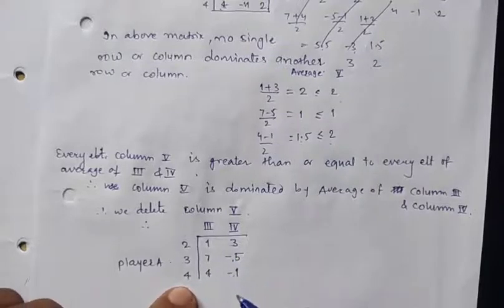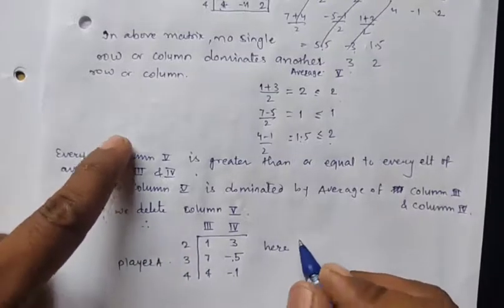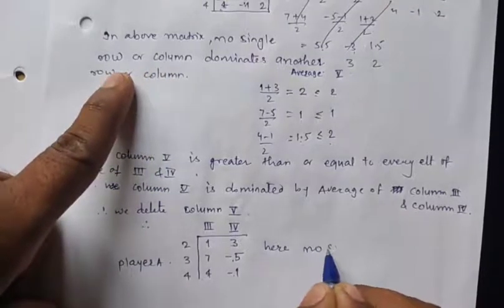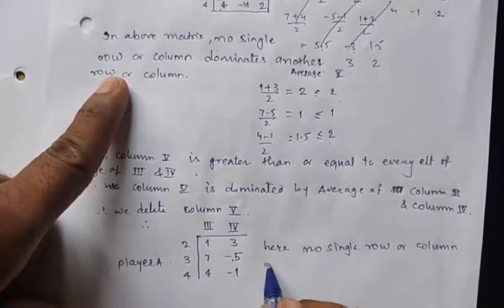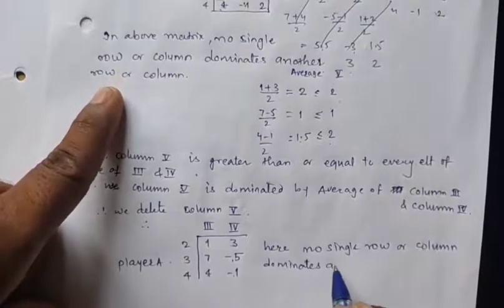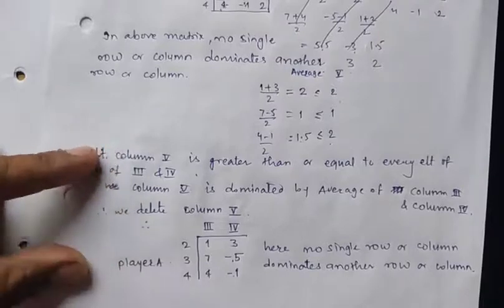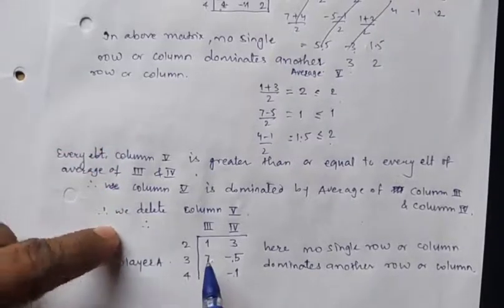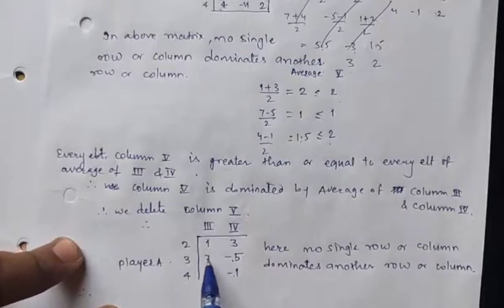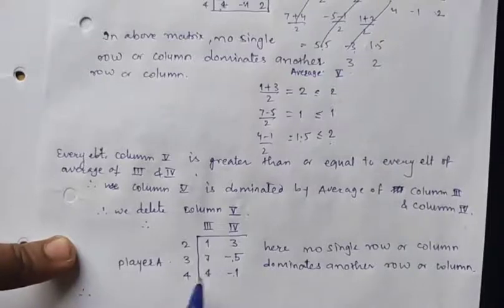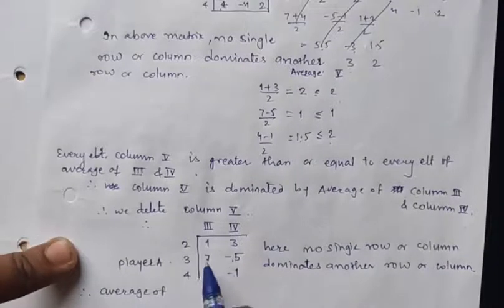Now let's check average. Here no single row or column dominates another row or column, right? Therefore we take average. Average of which rows?